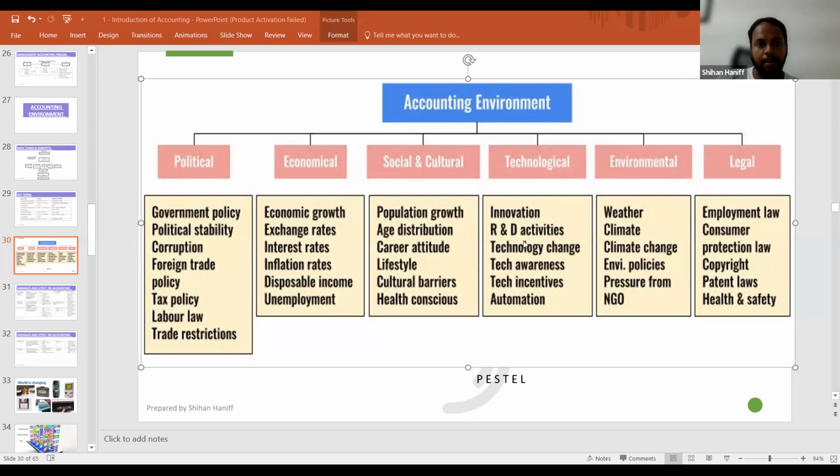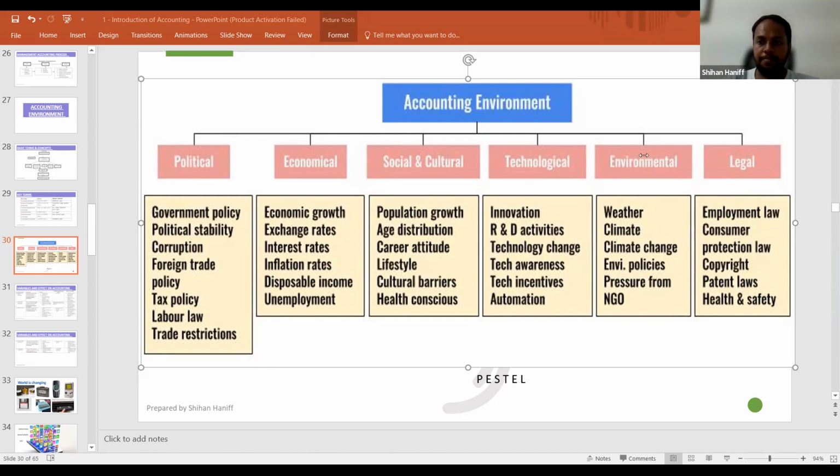The improvement of technology happens because of research and development. So technology change, improvement of tech awareness, automation, tech incentives. All these are the factors of the technological environment.